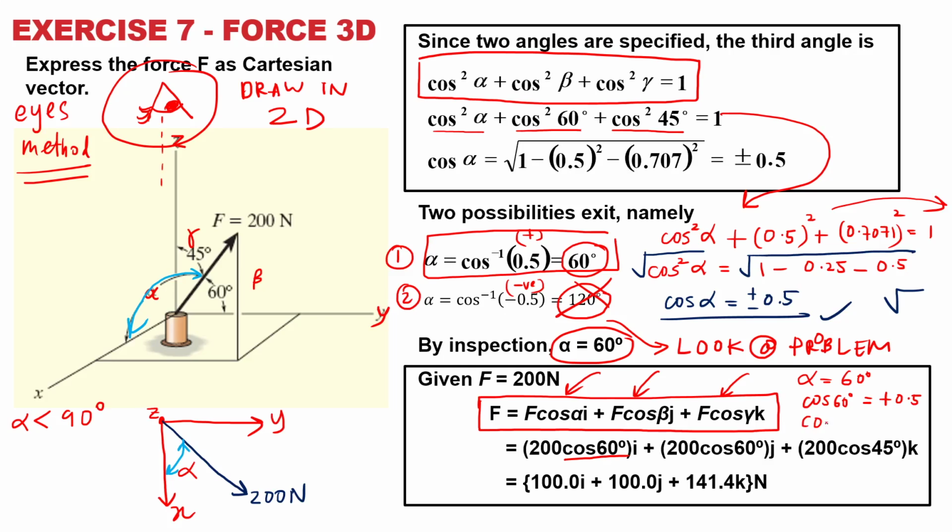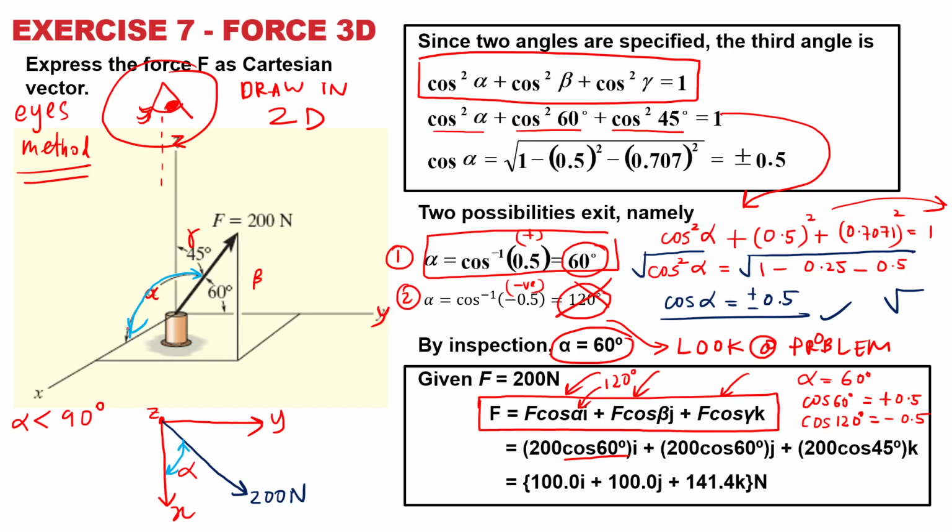If you have something more than 90 degrees, which is cos 120, press your calculator, you're going to get a negative value, negative 0.5. So let's say your alpha here is 120 degrees.